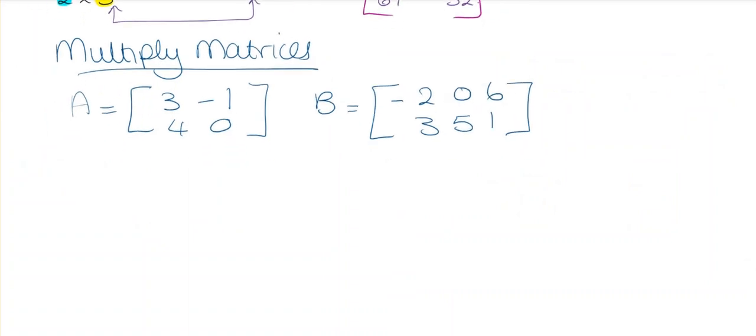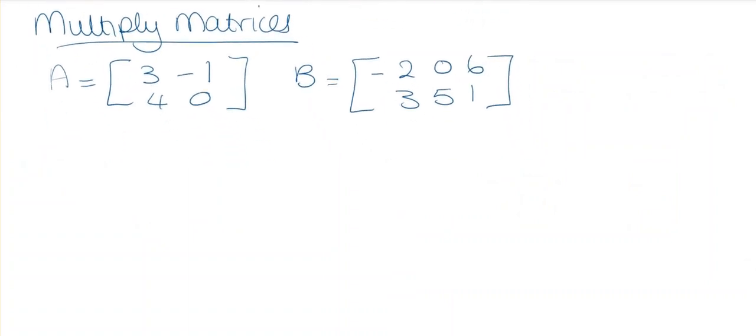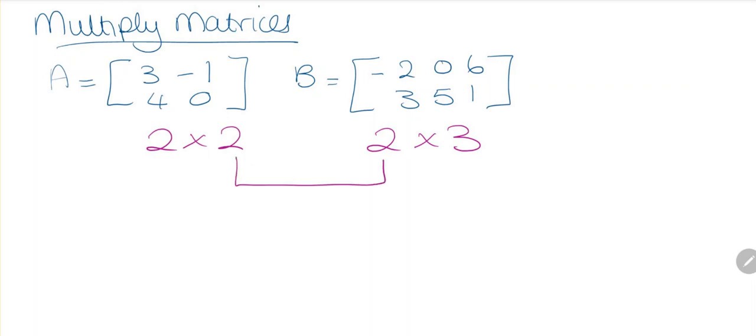Okay, so here's a question. So we've got A and we've got B. So the first thing we need to do is say what the dimensions are. So A is 2 rows and 2 columns. And then B is 2 rows and 3 columns. So we're looking at these numbers here.